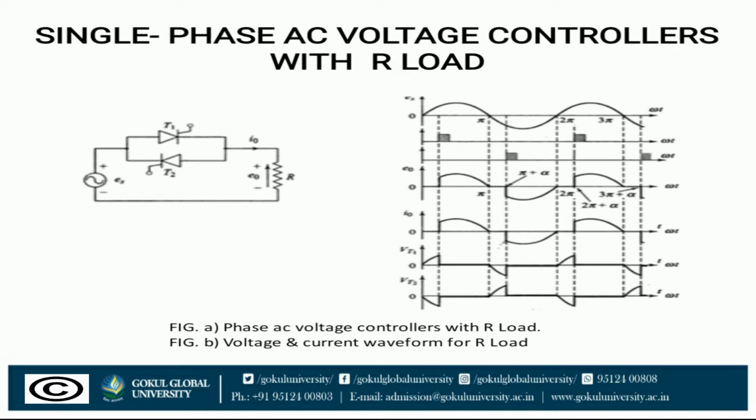While we have applied a full voltage, we have observed here some reduced voltage due to the firing angle at a certain period. So the total energy within a single full cycle will be somewhat less than the initial applied voltage. So this is the purpose of the AC voltage controller, which we have examined.